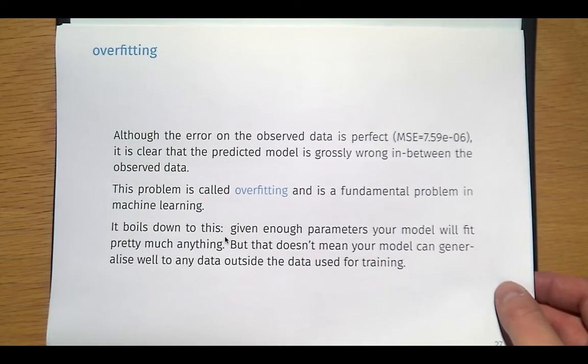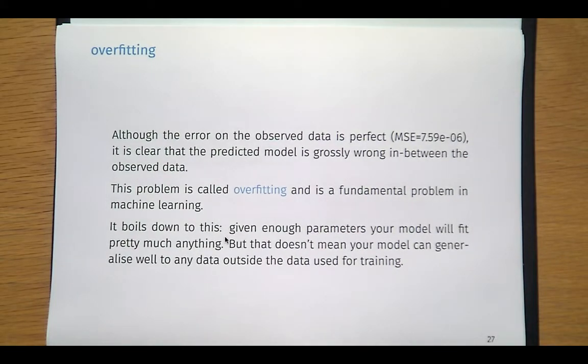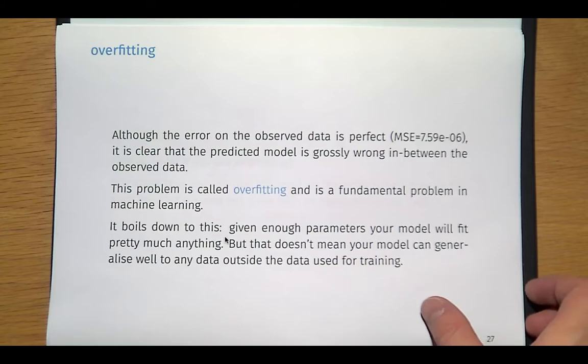The problem with overfitting is that if your model is rich enough, you can pretty much fit anything. With a polynomial, if you use a Taylor expansion, you remember that you can basically approximate any function with a polynomial basis. So it makes sense that you can fit any data.